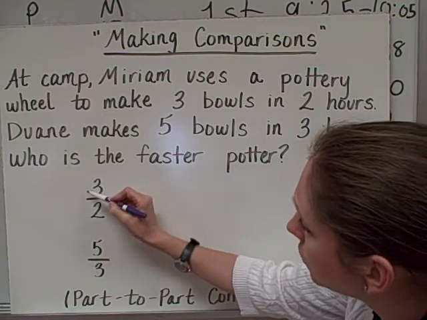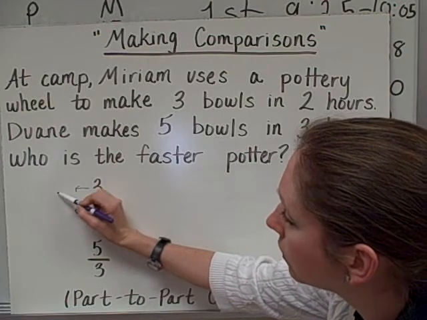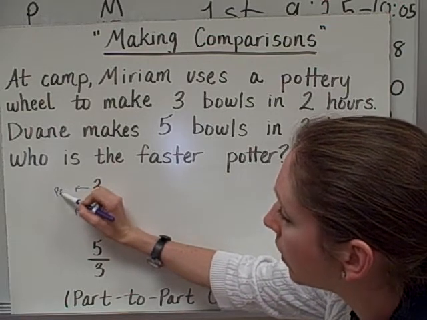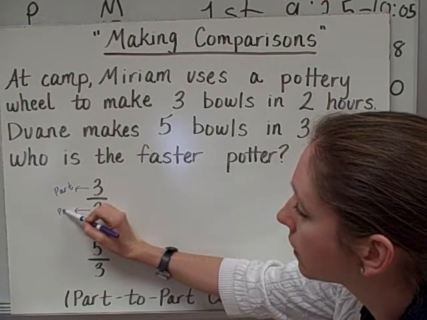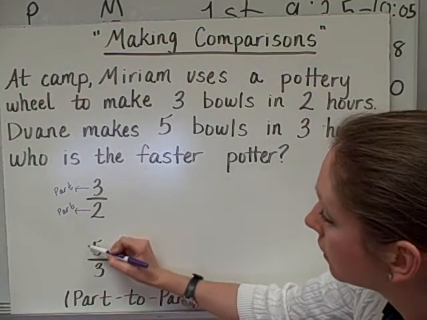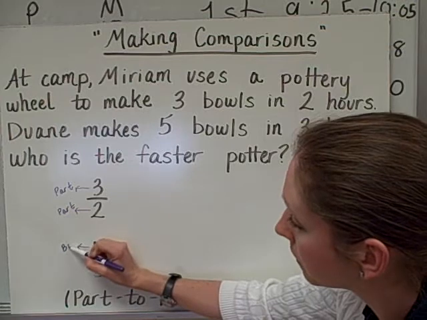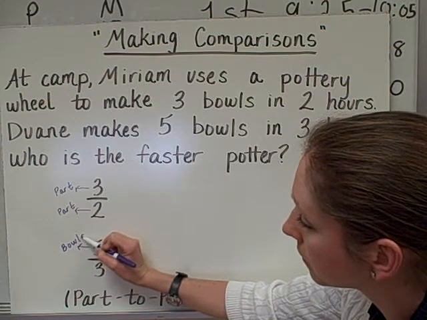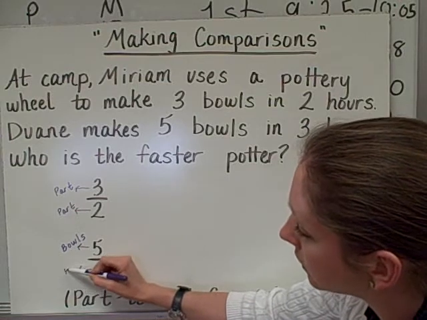These two numbers here, the 3 and the 2, both of those are parts. Specifically, the numerator is the amount of bowls that they make, and the denominator represents the hours it takes them to make that amount.